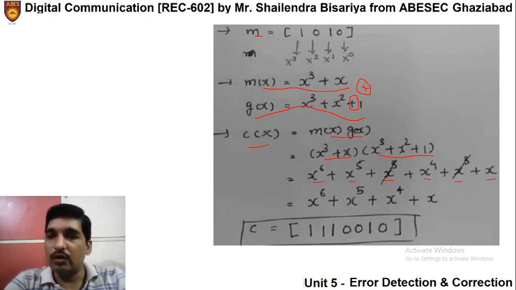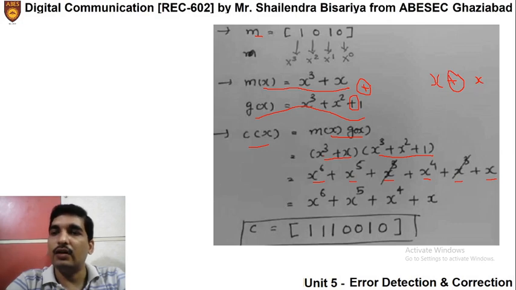Now since it is modulo 2 sum, we know the property of the modulo 2 adder: if x is modulo 2 added with x, that means 1 XOR 1 or 0 XOR 0, in both cases it will be equal to 0, right? So we have omitted these two terms, x cube plus x cube. The polynomial for cx remains x^6 plus x^5 plus x^4 plus x.